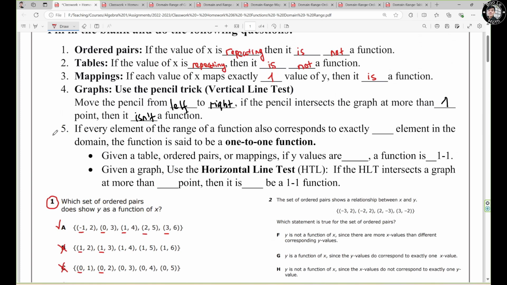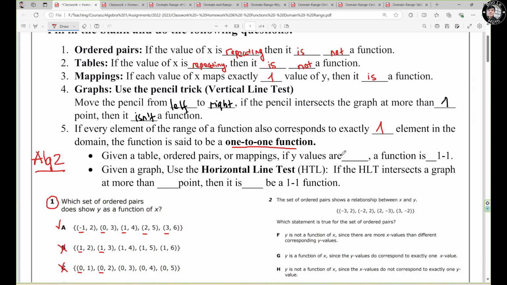Now, number 5 right here. Alright, so this is for Algebra 2. Now, if every element of the range of a function also corresponds to exactly one element in the domain, right? The function is said to be a one-to-one function. Alright, given a table, all the pairs are mappings.